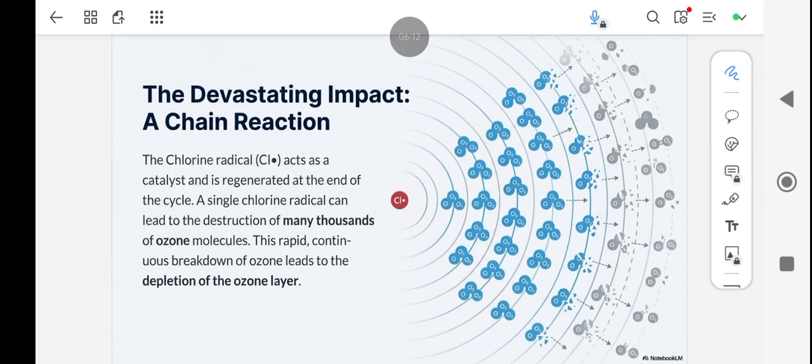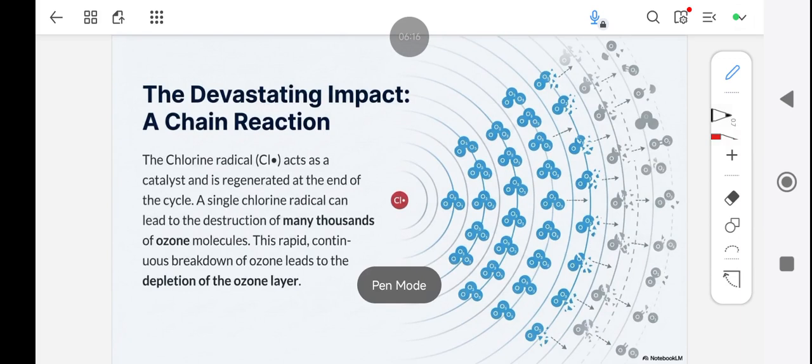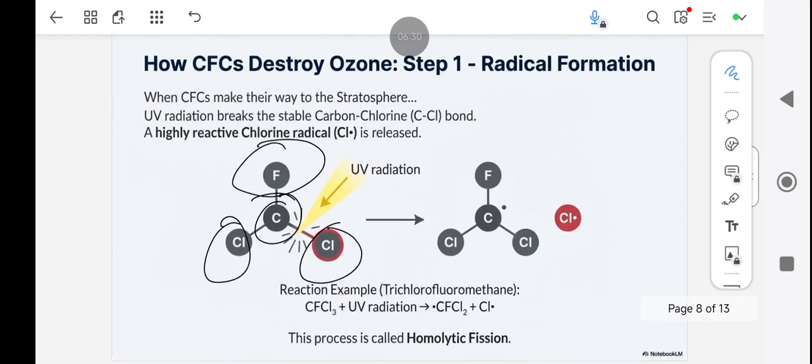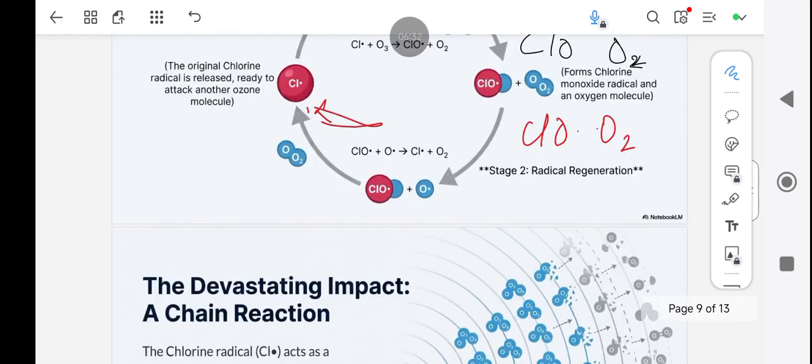The chlorine radical is just a catalyst. Remember I said a catalyst is something, an element, that is used to speed up a chemical reaction without being used up itself. So the free chlorine that has been separated by the UV radiation acts basically as a radical.